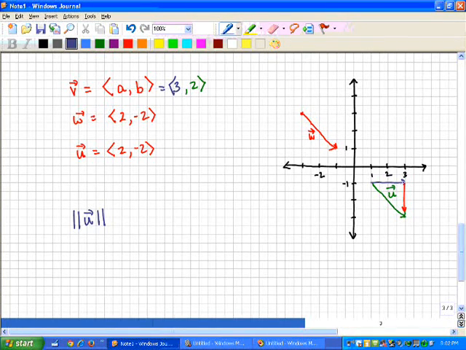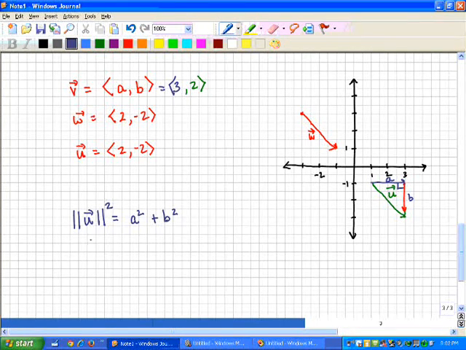Its horizontal component forms one leg of a right triangle. Its vertical component forms another leg of a right triangle. So we have, in this case, if the horizontal component's A and the vertical component's B, that the magnitude squared is equal to the horizontal component squared plus the vertical component squared using the Pythagorean theorem for right triangles.